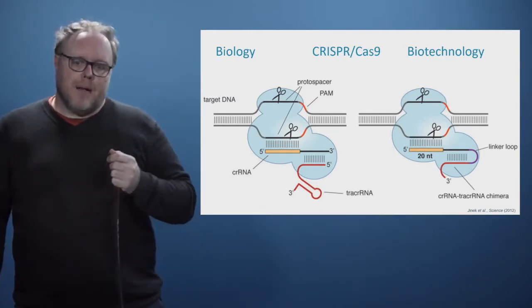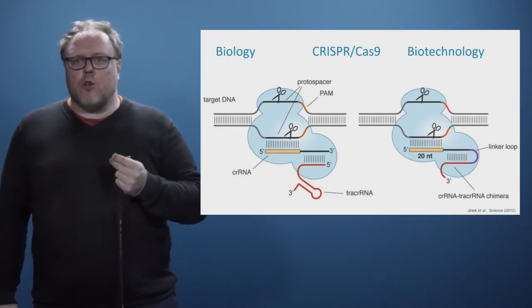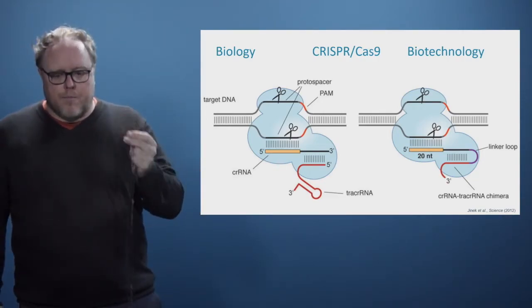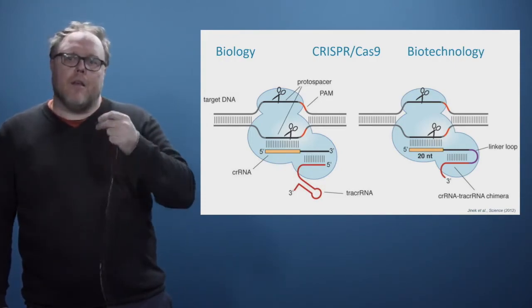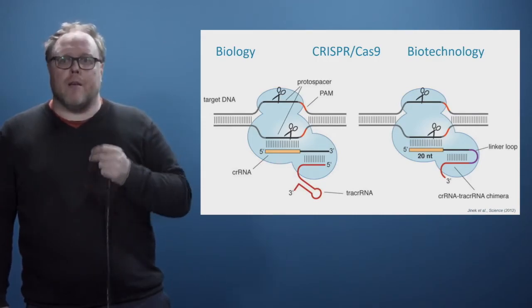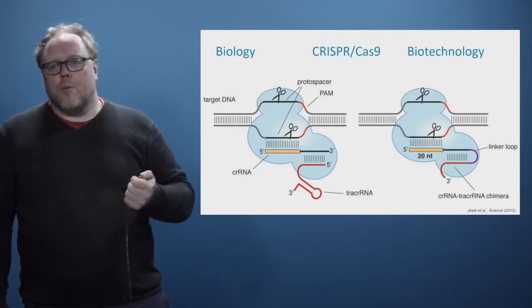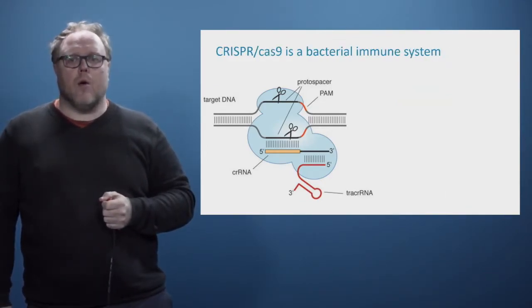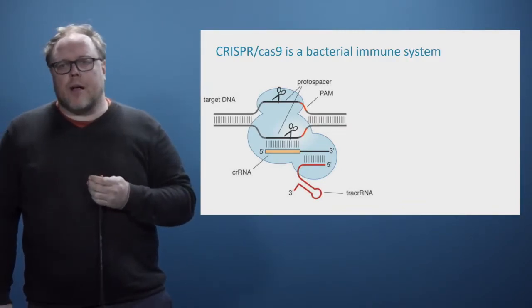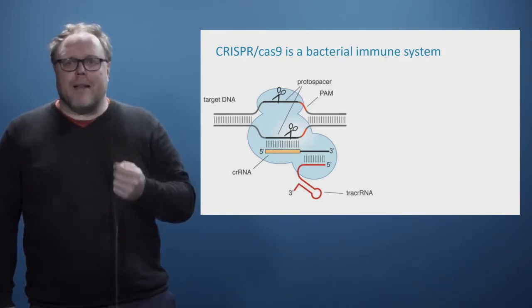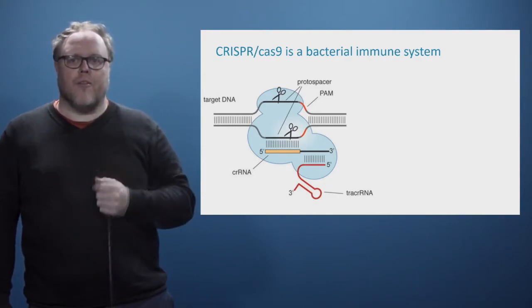But in this case, in the biology, we have a tracrRNA molecule and we have a protospacer RNA, the CRISPR RNA, and both combined are triggering cuts in the DNA. You may ask yourself, why do we want this cut reaction to occur? Well, actually, this system, the CRISPR-Cas9 system, serves as a bacterial immune system that protects the bacterial cell from foreign DNA.